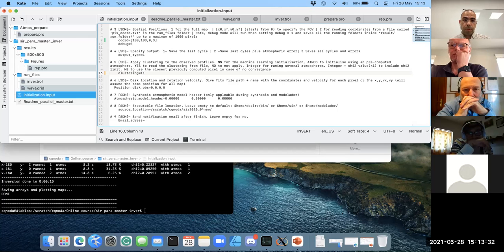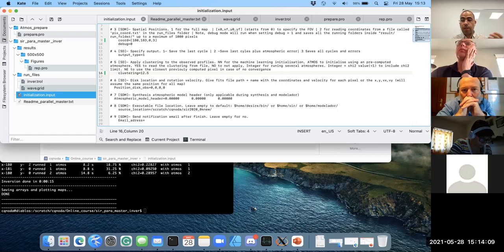But we wanted to try to speed things up a bit, and we said, okay, you can put 12, but you can put a reference chi-square value where you say, okay, I think this level is good. So then we're telling the code, if you run the inversion once and you already get that threshold, then you don't need to run 12 times. So for some pixels that are very complex, or where your configuration does not reach that value, you may run the inversion 12 times, and that pixel will take 12 times longer than a normal pixel.